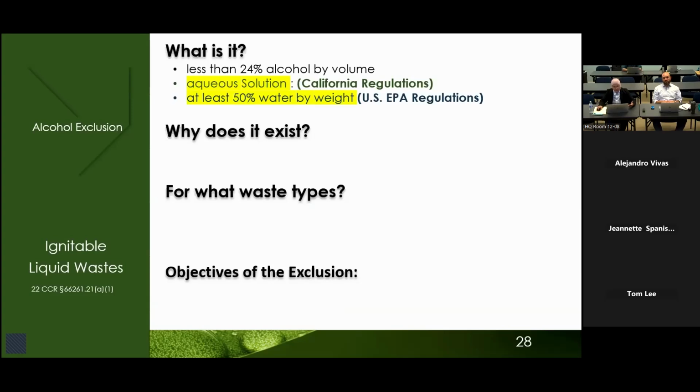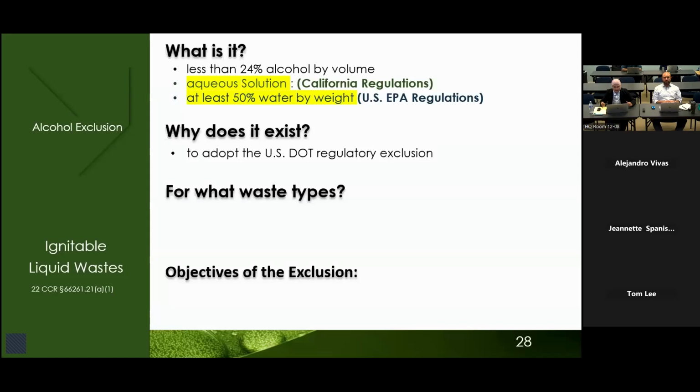Both California and federal rules include this exclusion, but the federal version was updated to replace aqueous solution with a liquid containing at least 50% water by weight. This makes it clearer to identify mostly water-based solutions that are generally low fire risks and helps us figure out if exclusions apply more easily.